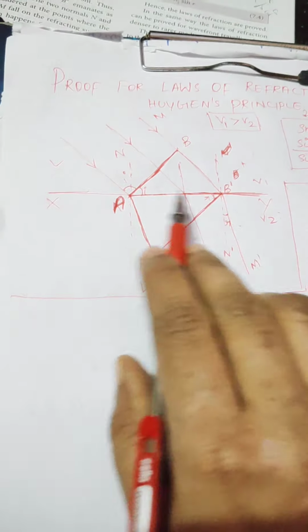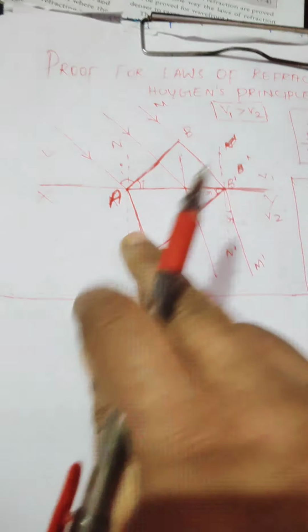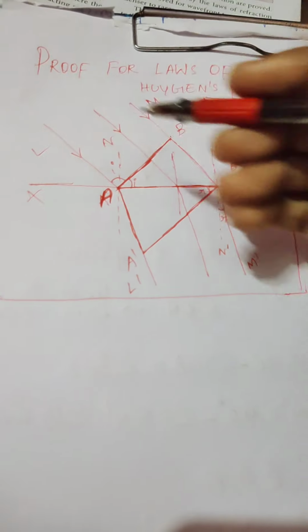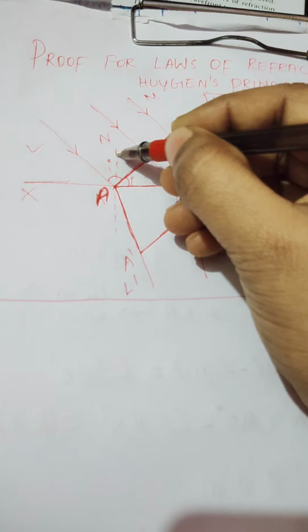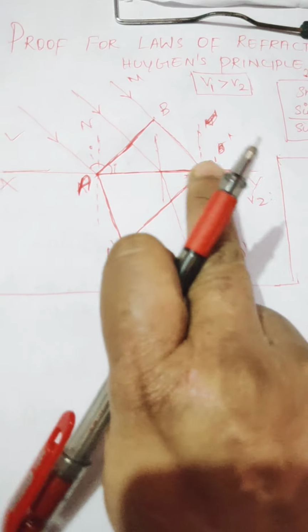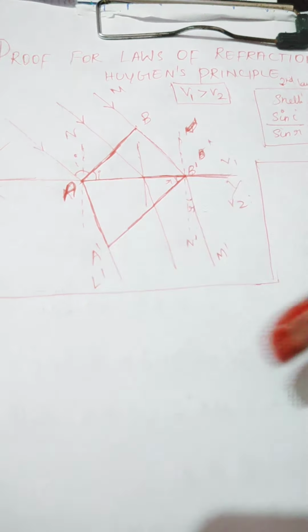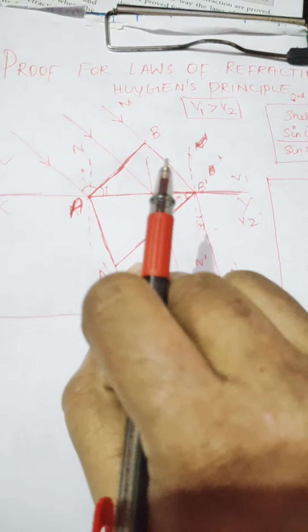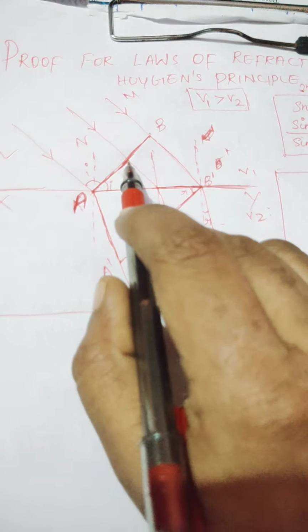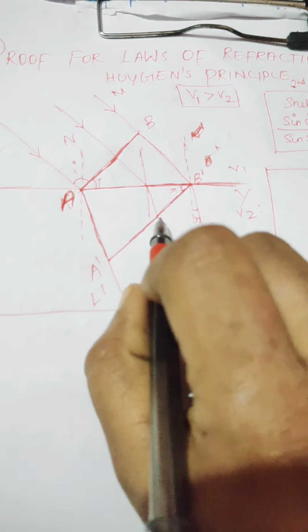Which one is the normal here? The line perpendicular to the plane, which means the surface. So here I have one perpendicular line at each point. First I am going to consider this ray alone, this incidence and this refraction.